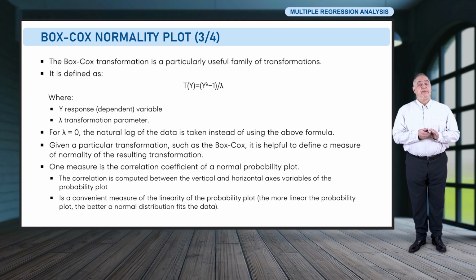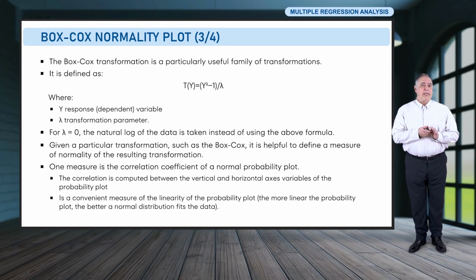It is defined by the formula that is illustrated on our slide, where y is the response variable, which is the dependent variable, the output, and lambda is the transformation parameter.